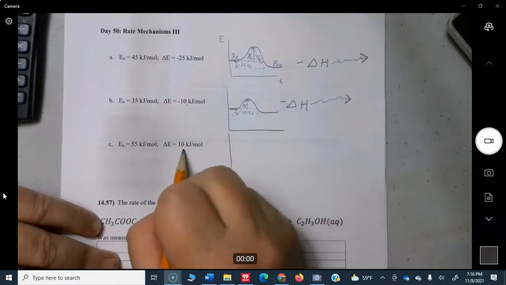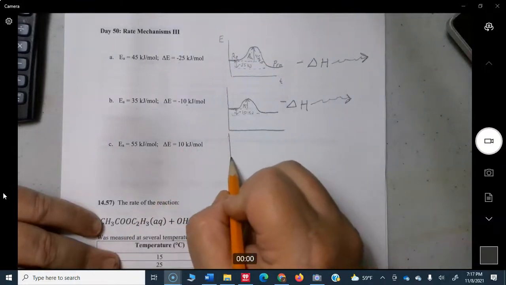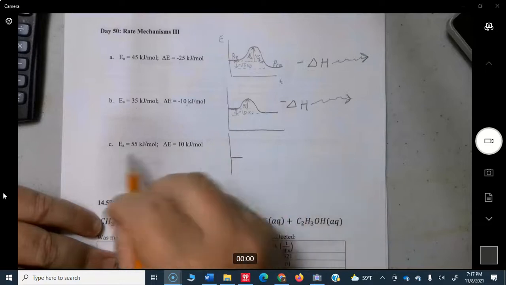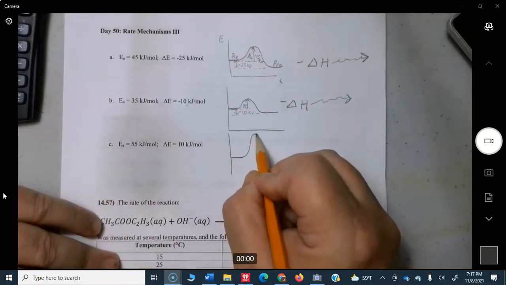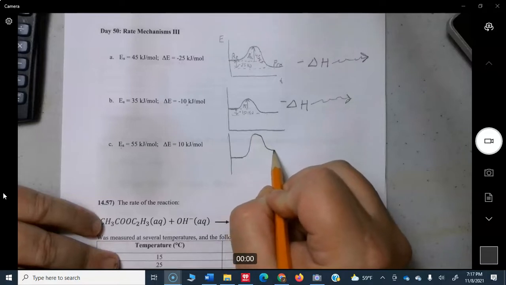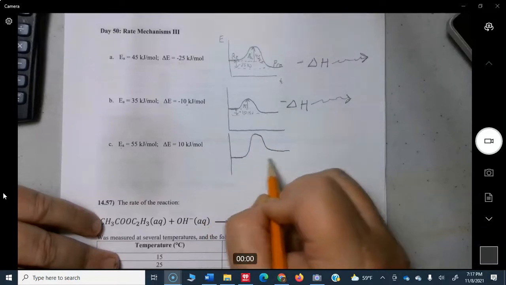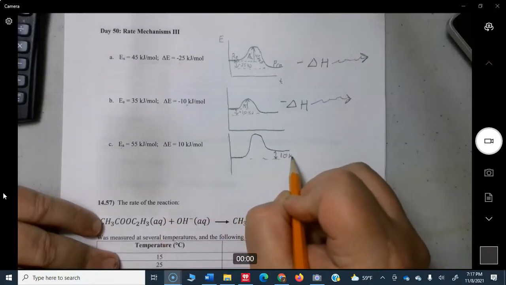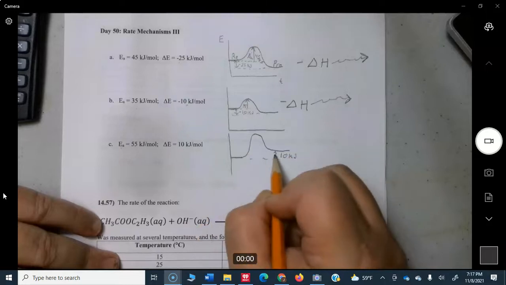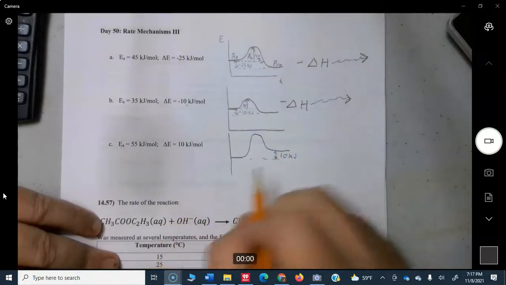Now this one is positive delta E, so we're going to start at about the same place. Now it has a really high activation energy, so we're going to go way up here, and it's going to come down and end up at positive 10. So this distance is positive 10 kilojoules. The fact that it has a high activation energy has nothing to do with this being positive 10.